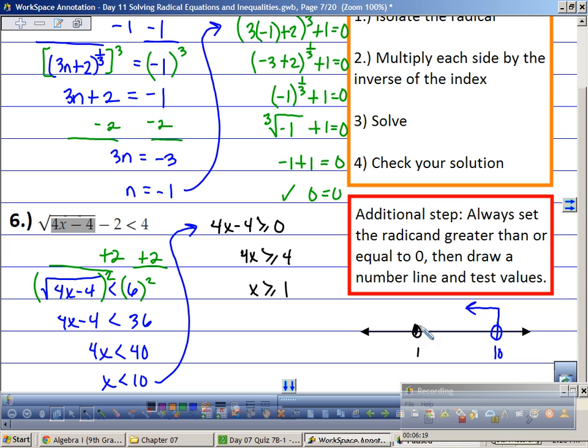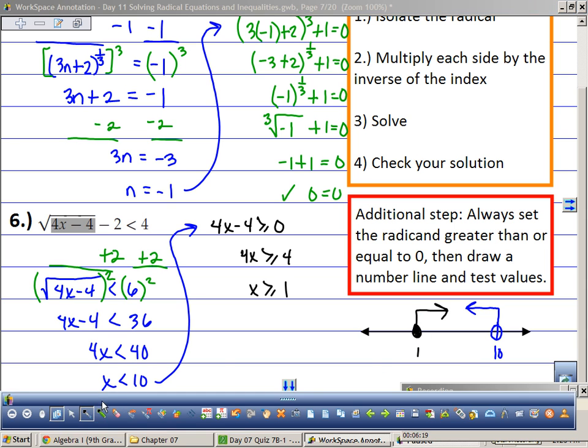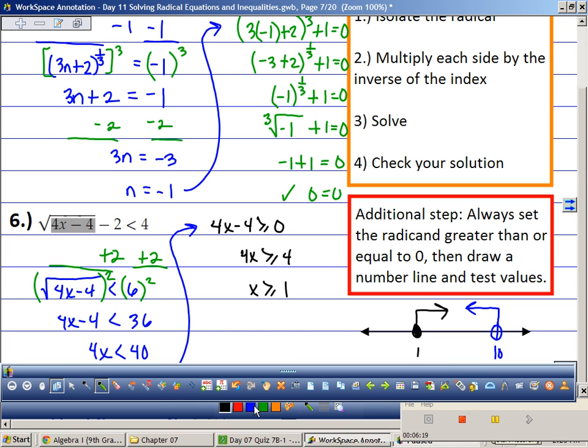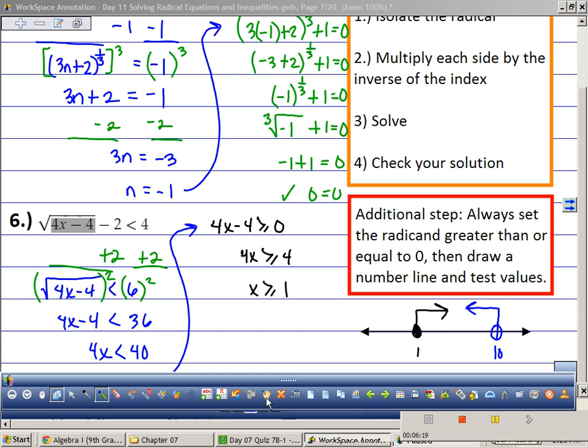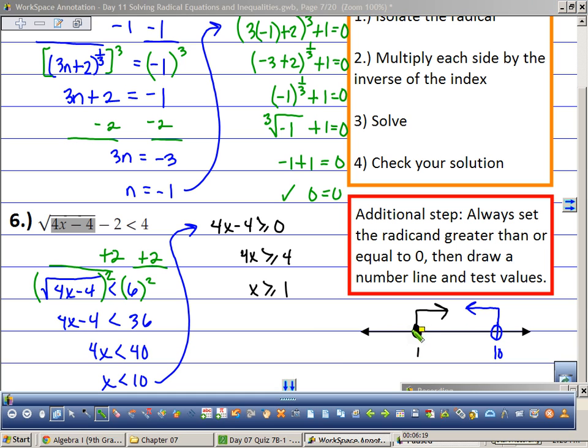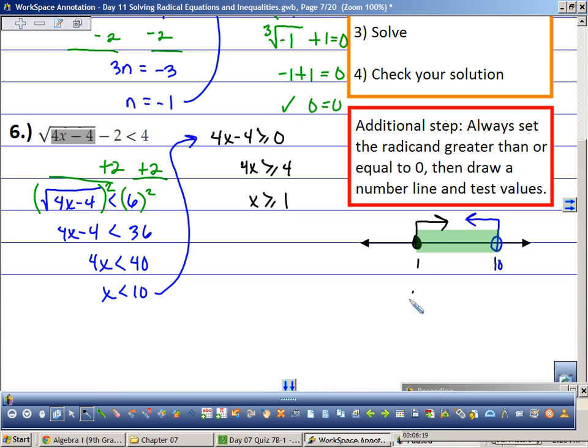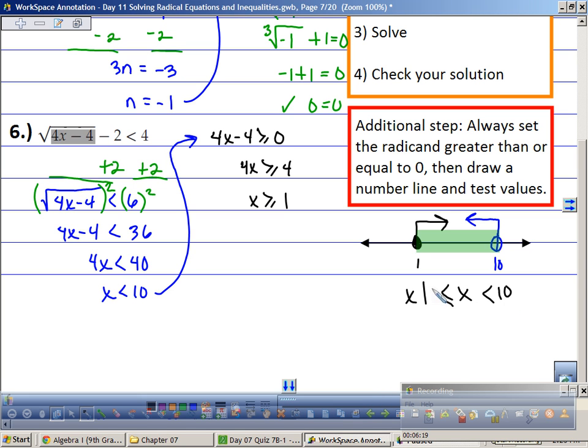Here's 1, greater than or equal to. Doesn't that mean that x must be in between these? So the way I would write that would be x such that x is in between, not including 10, but including 1.